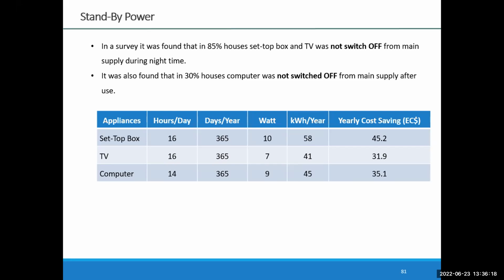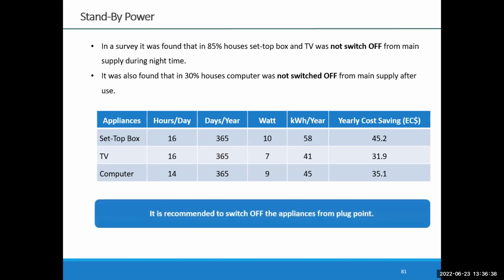That is 58 units per year wasted for set-top box, 41 units for TVs, and 45 units for computers. So we have an opportunity to minimize this energy wastage by switching off the equipment from the switch itself, or removing the plug.